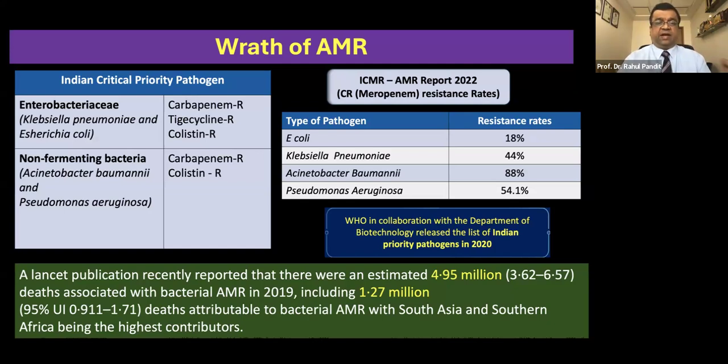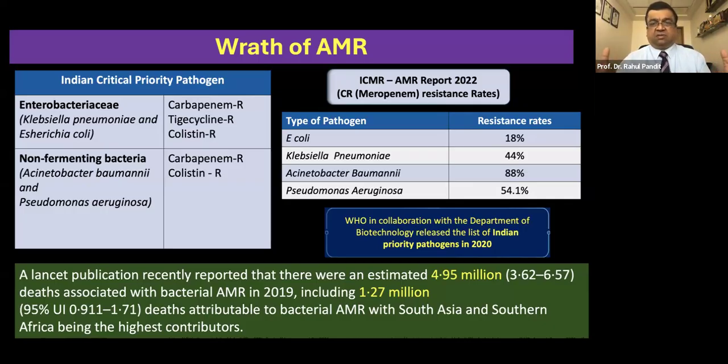Then we have the non-fermenting bacteria, Acinetobacter and Pseudomonas, which are exhibiting carbapenem as well as colistin resistance. And if you look at the incidence, the antimicrobial resistance report of ICMR 2022, which is around 3 years old now, actually showed a resistance pattern of E. coli around 18%, Klebsiella around 44%, Acinetobacter almost 88%, and Pseudomonas around 54%.